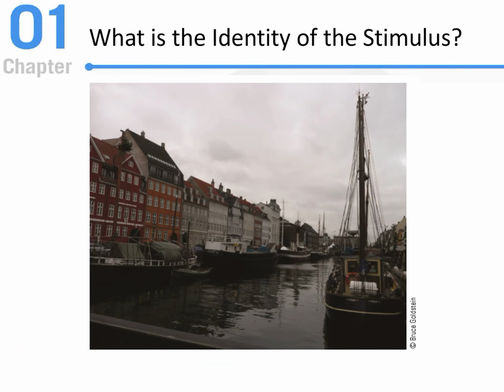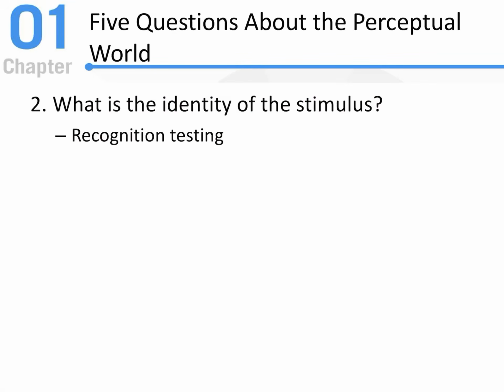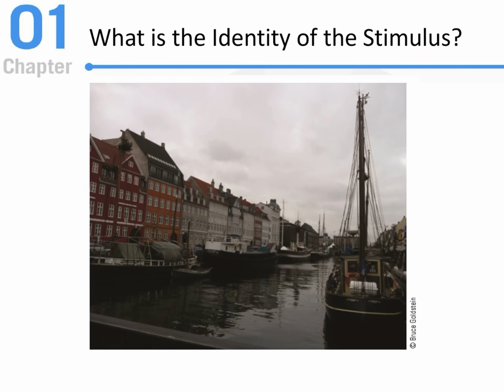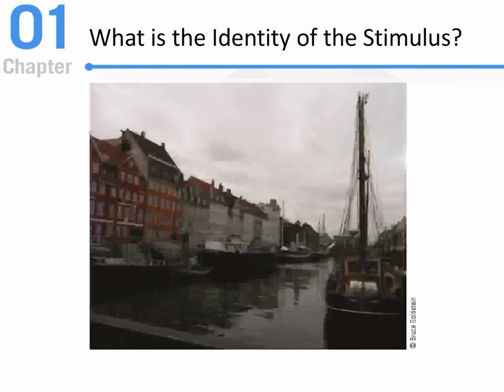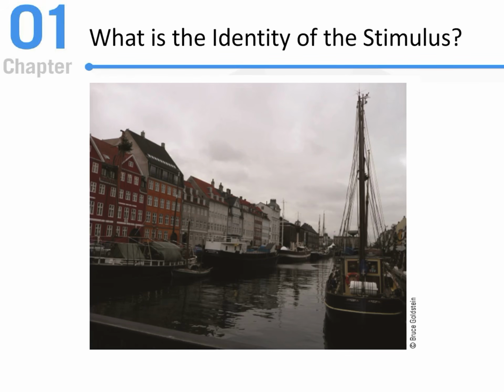So you can flash this picture really quickly. What did you get from that picture? Okay? Write down everything that you saw. Okay? So if you said something like, I saw houses, I saw a boat, I saw water, okay? You are right, but you didn't get everything, right?